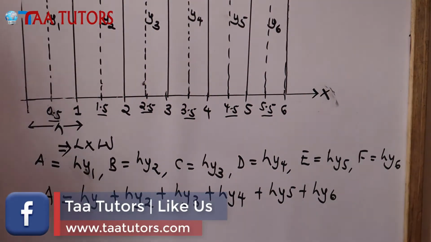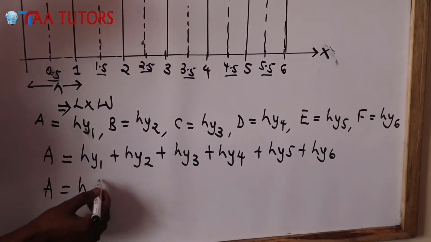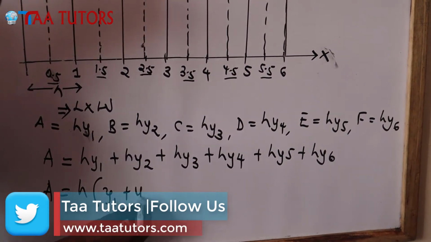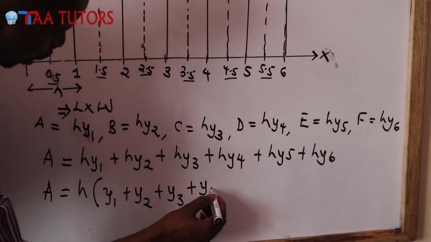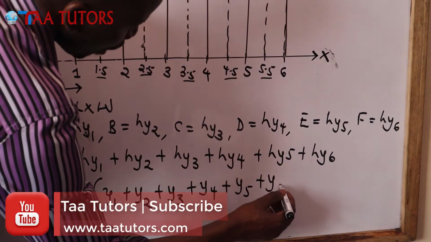Now we know that in this case h is common all through, so we can factorize h, so that the area here will be h times y1 plus y2 plus y3 plus y4 plus y5 plus y6.